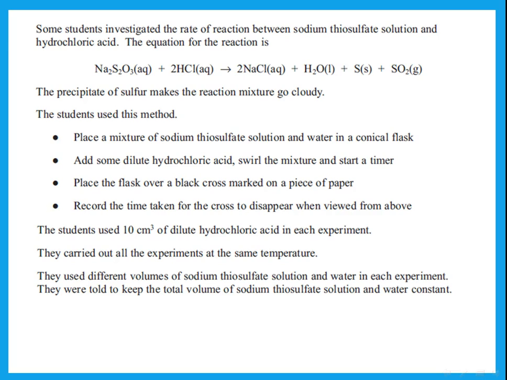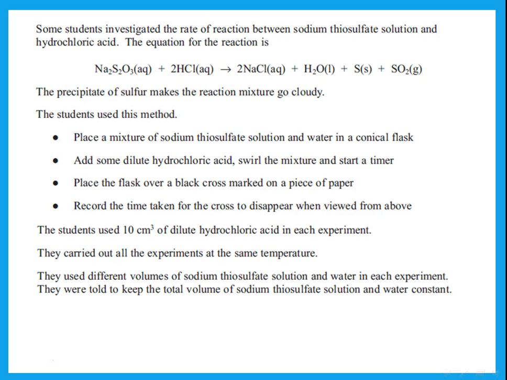So what were they changing? You have to check what they were changing. They used different volumes of sodium thiosulfate. So they were basically changing the concentration of the sodium thiosulfate, because they were changing the volume of sodium thiosulfate with respect to the water. So they either add more sodium thiosulfate and less water, or less sodium thiosulfate and more water.